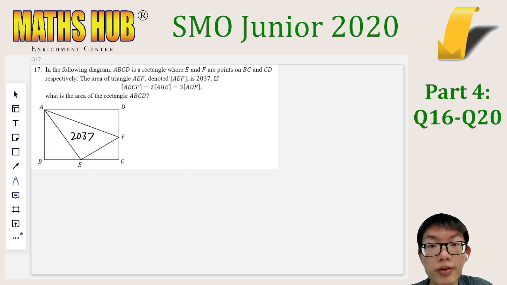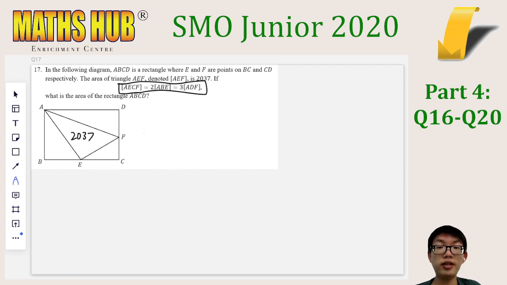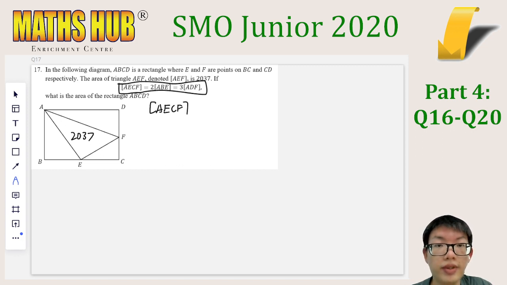Now I like to use this kind of equalities where you have more than 2 things being equated and write it using a ratio. So what we can write is that AECF is to ABE is to ADF.